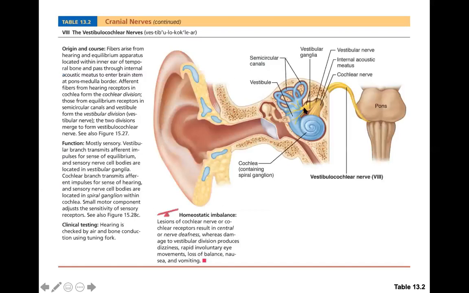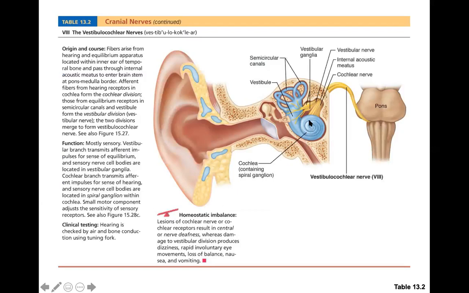And again, two different divisions here. These are actually the semicircular canals. These are three canals that are in all three planes of space. And as fluid moves within these canals, they activate hairs, which are the sensory receptors, to give the body's position in space. This is the vestibular nerve right here.